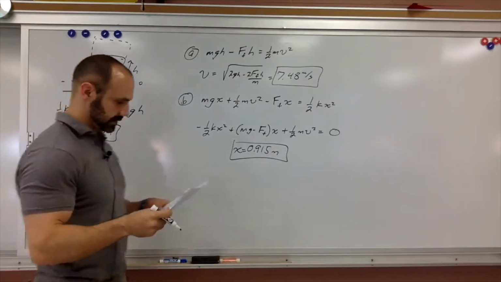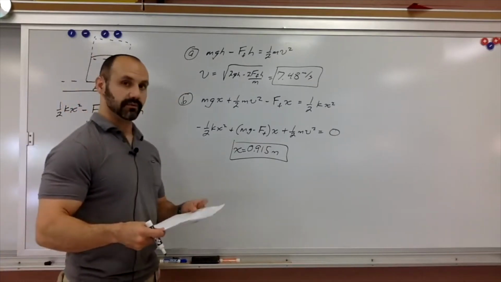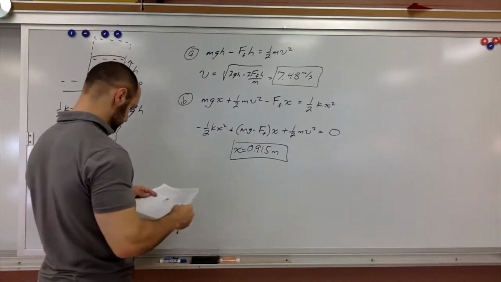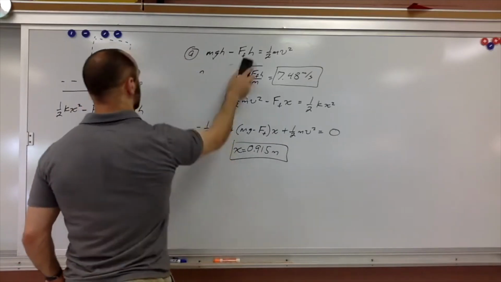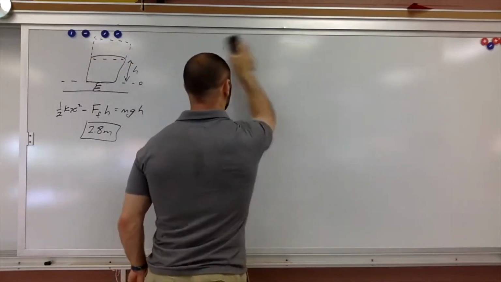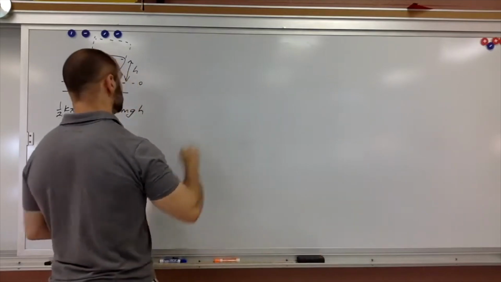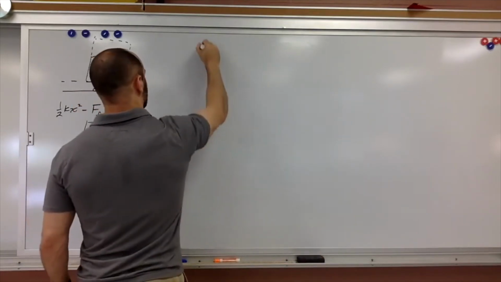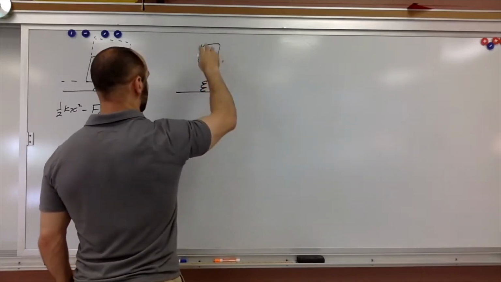Let's take a look then. It says, find the approximate total distance the cab will move before coming to rest. Okay. This one we need to be careful the way that we set it up. So here's the cab at the initial moment.